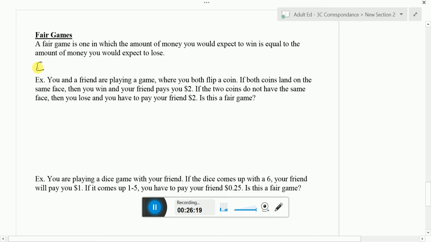So with this, the total expected value is equal to the expected winnings minus the expected losing.